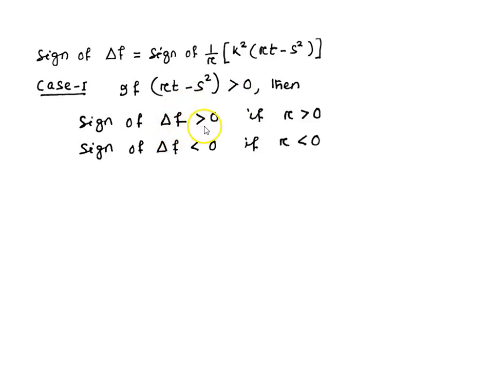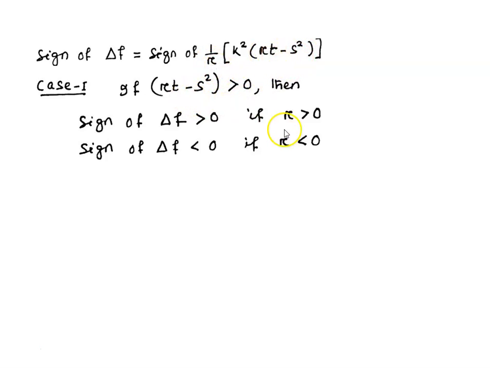sign of delta f is greater than 0 if r is greater than 0. Because if rt minus s square is greater than 0 and r is greater than 0, then the sign of the entire term is positive. Similarly, if r is negative, then the sign of this entire term is negative, because rt minus s square is positive.